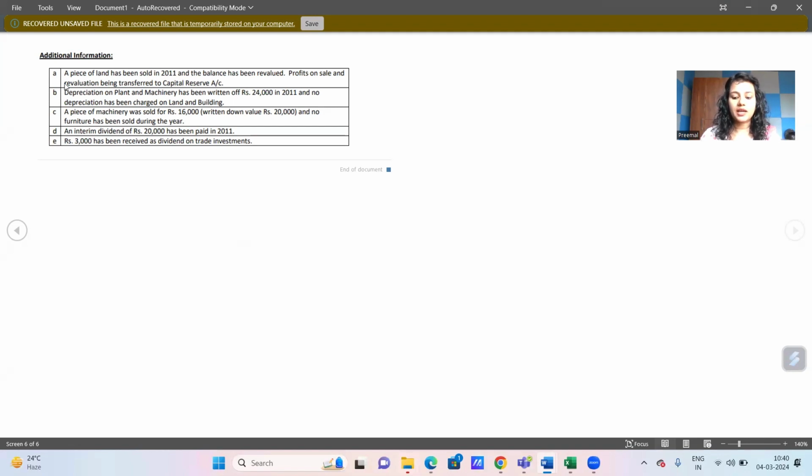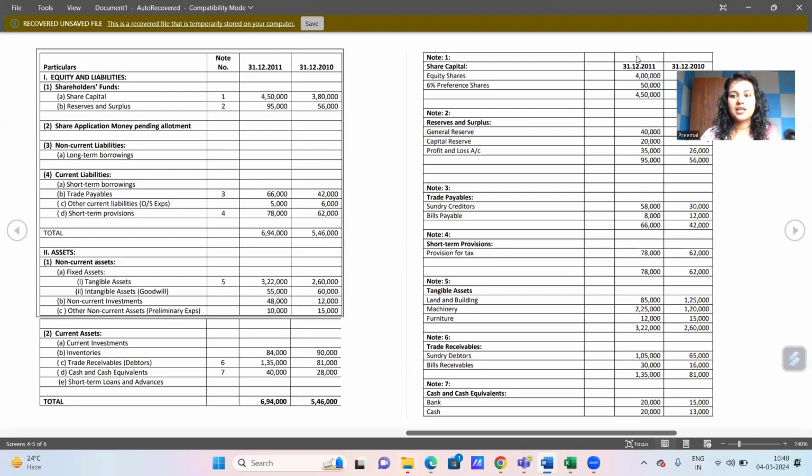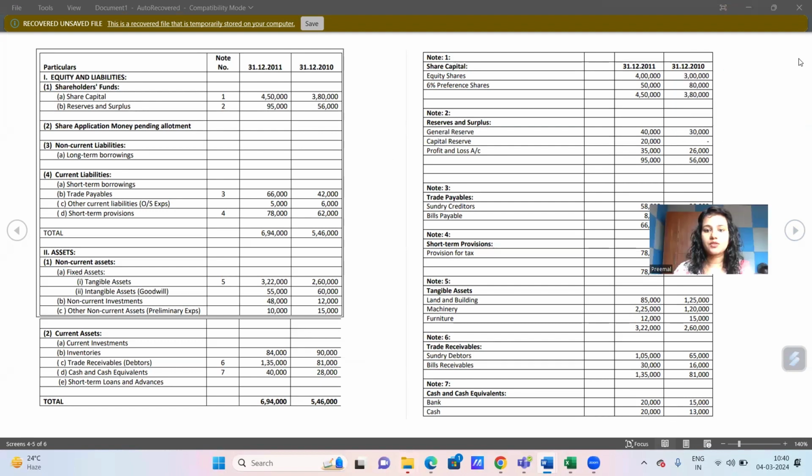Therefore, let's look at the capital reserve account in the balance sheet. Here, in note number 2, under reserves and surplus, you will notice capital reserve has increased from 0 to 20,000. So therefore, this is the amount that has been transferred to capital reserve as a result of profit on sale and revaluation.